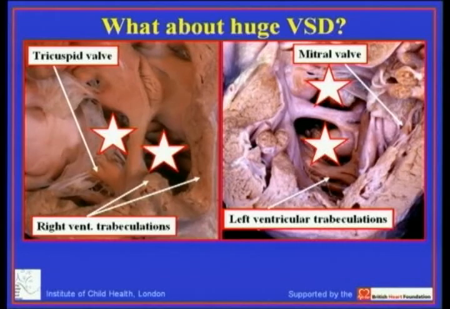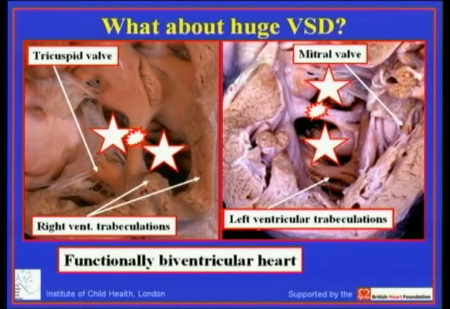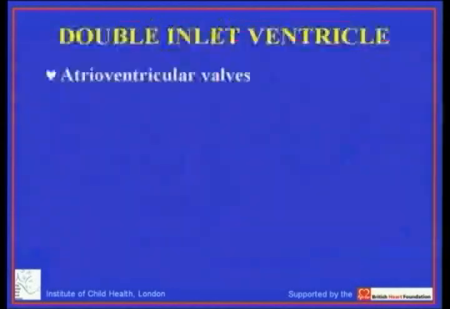You see that it is spanned by the septomarginal trabeculation, and the septomarginal trabeculation carries the conduction system, telling us that this is a huge ventricular septal defect. And obviously, the surgeon trying to repair this or septate this would need to take great care with that muscular strand, but this can potentially be turned into a biventricular arrangement.